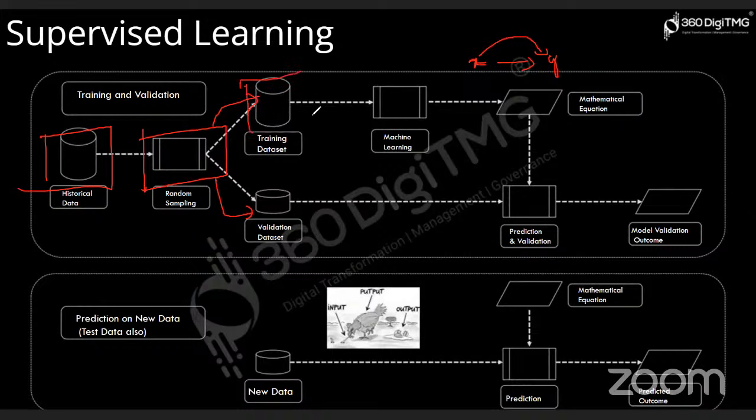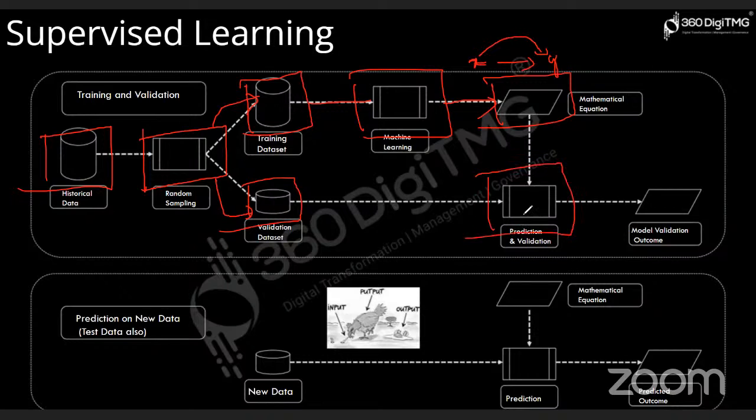Now we use this training data set with some ML models to find out the relation between X and Y. This will be a mathematical equation. Once this is found, we test this mathematical equation on the validation data. This is also input data, and using this mathematical equation we try to predict the values for this validation set.